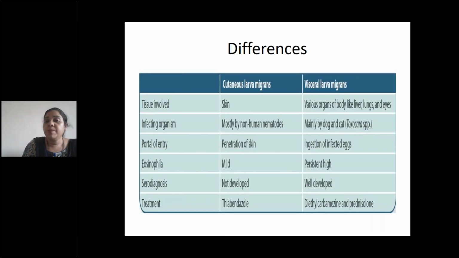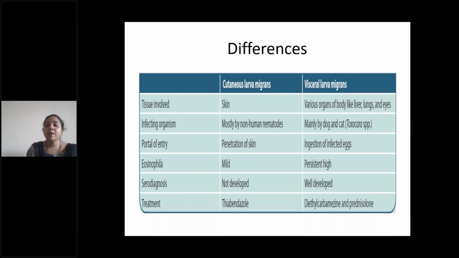Differences. Please learn this. Major differences between cutaneous larva migrans and visceral larva migrans. Cutaneous: the tissue involved is skin. Visceral: not skin, but deeper parts of the body. Infecting organism: for cutaneous, non-human nematodes such as Ancylostoma braziliense and Ancylostoma caninum, whereas for visceral, dog and cat worms such as Toxocara canis and Toxocara cati.